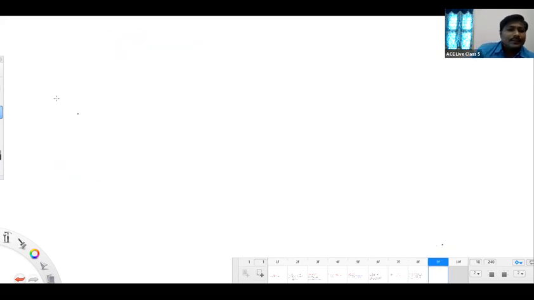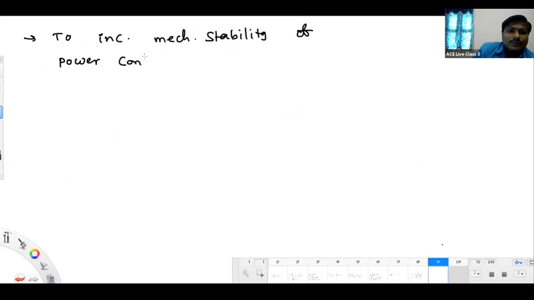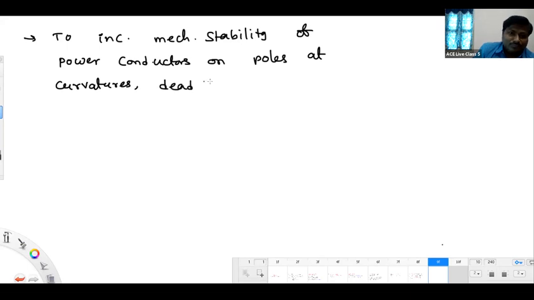So I can say here, aim of the shackle type insulator is to increase mechanical stability of power conductors on poles at what locations? At curvatures, dead ends, and river crossings, railway crossings, all these things, etc.